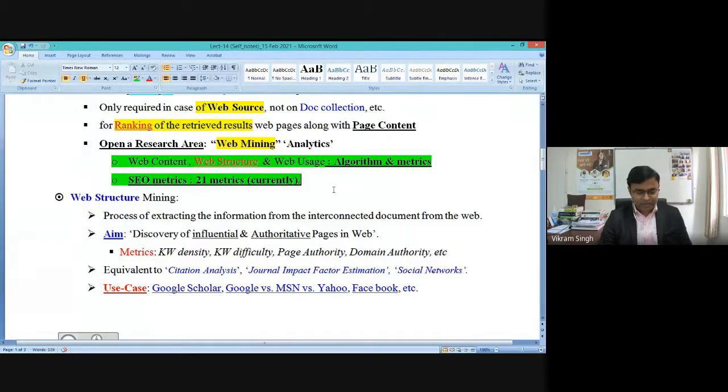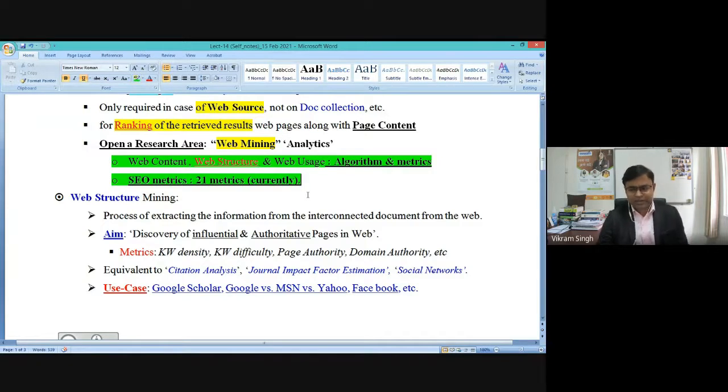So we have taken only a few metrics or parameters to discuss how the basic or simplified PageRank algorithm has been designed, and how we could go for the modified PageRank. This is how we could go for the HITS algorithms, and there are various algorithms available worldwide on the web, which have been adopted by different platforms, right?